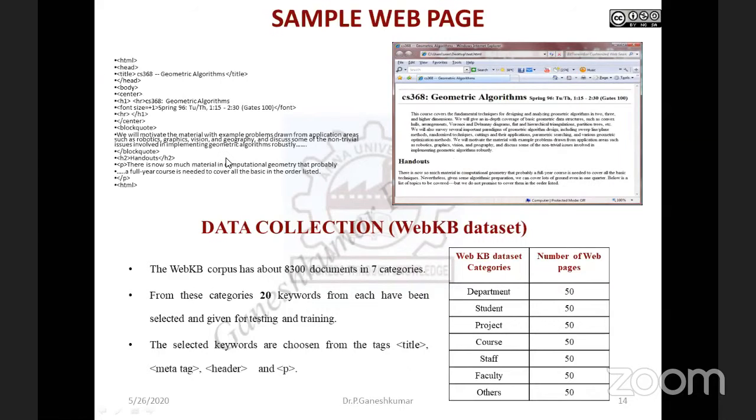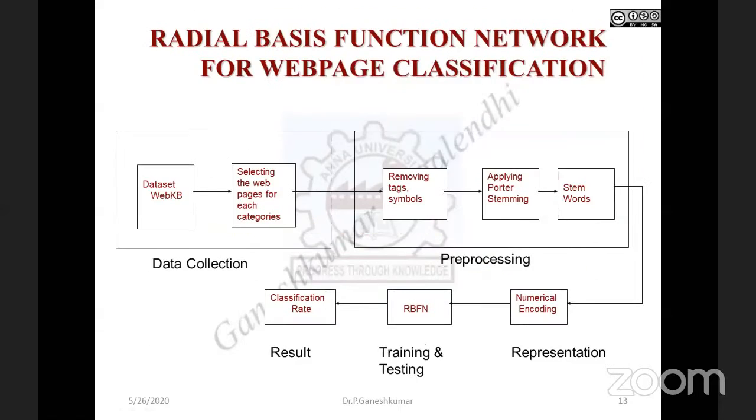So what we have done is apply some kind of pre-processing with respect to natural language processing. That is, we applied the Porter stemming algorithm, which removes the tags and symbols and identifies the stem word. Then the stem word is appropriately coded using numbers.